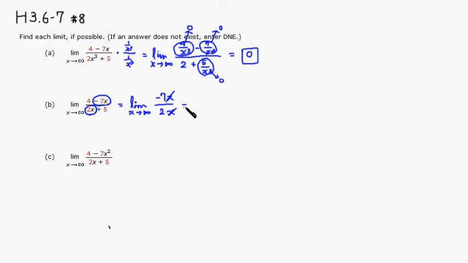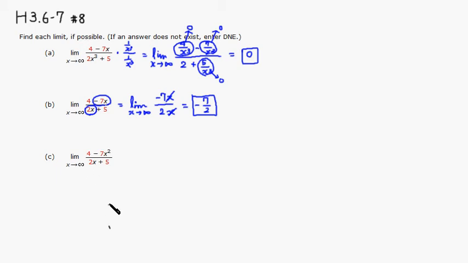If you take the limit of a constant, negative 7 over 2 is still negative 7 halves. And that's the limit. So that's another way. The first way was dividing by the highest power on the bottom, and the second method is to just keep the leading coefficient, then take the limit.